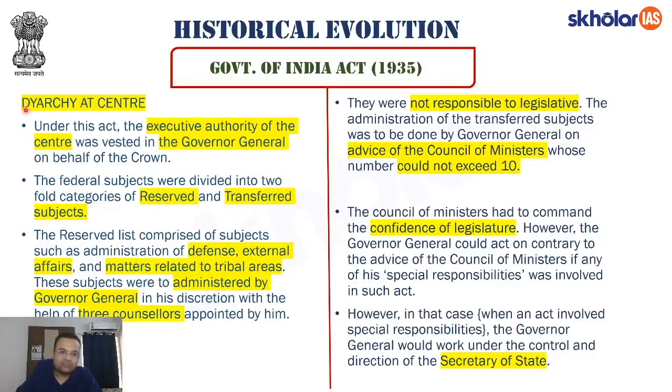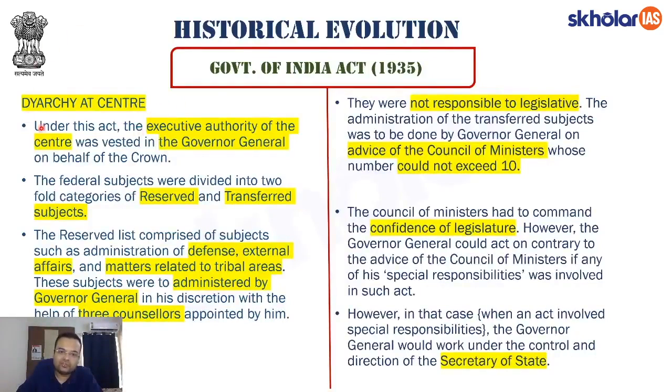What it means is dividing the subjects into two categories, reserved and transferred. The same was done with respect to federal subjects. What are federal subjects? Those set of subjects on which the federal government, the central government, will have exclusive authority. For these subjects, a division was done. The division was reserved subjects and transferred subjects. This division is what we call diarchy.